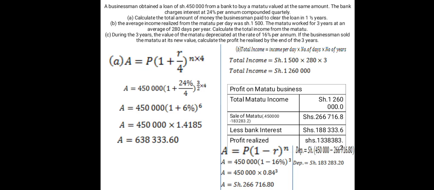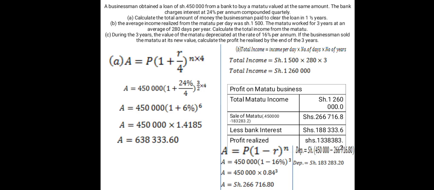The matatu worked for 3 years at an average of 280 days per year. Calculate the total income from the matatu. During the 3 years, the value of the matatu depreciated at the rate of 16% per annum. If the businessman sold the matatu at its new value, calculate the profit realized at the end of the 3 years.